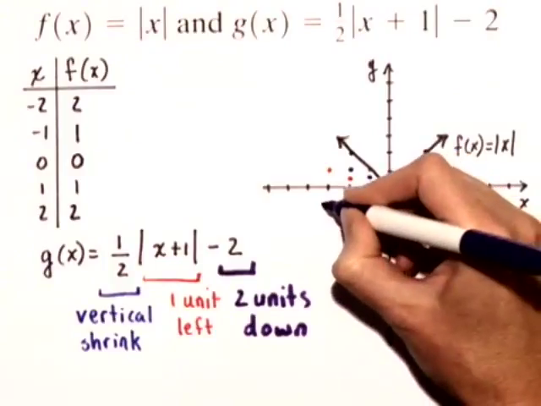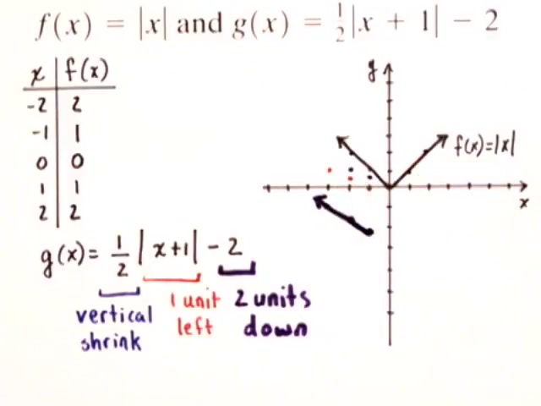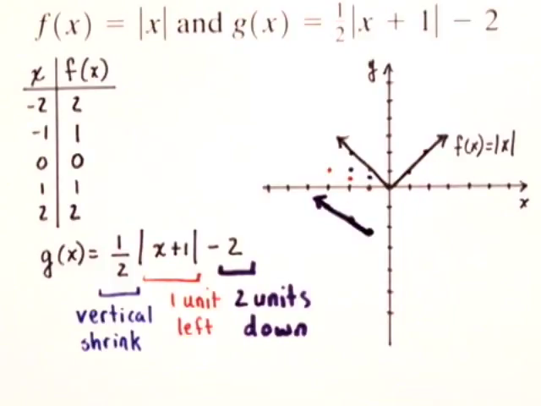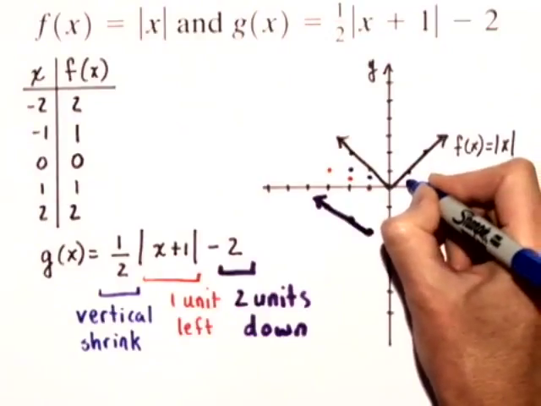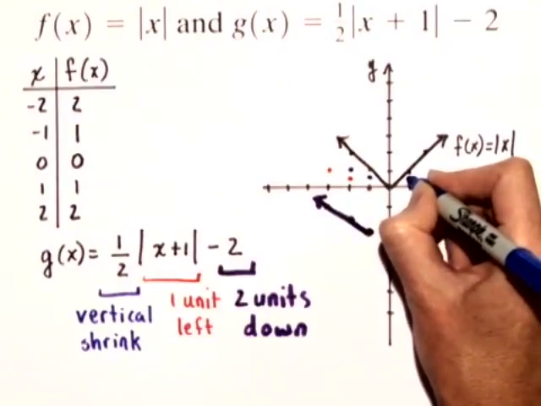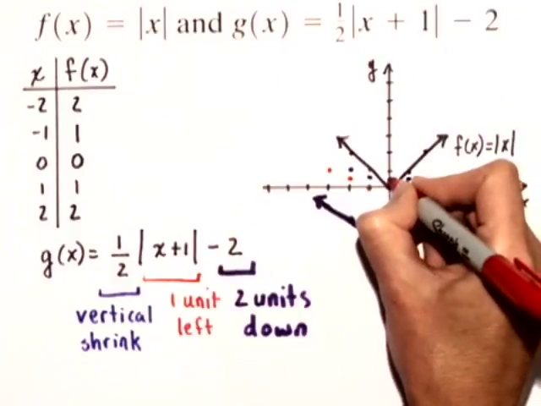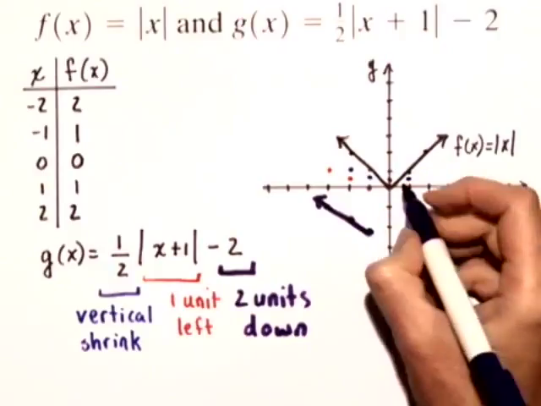Here is the first half of that graph. I only need to plot these other 2 points. So with 1, 1, I'll make it, first of all, half as large. That's my vertical shrink. 1 unit to the left is my horizontal shift, and 2 units down in purple is going to be the final point.